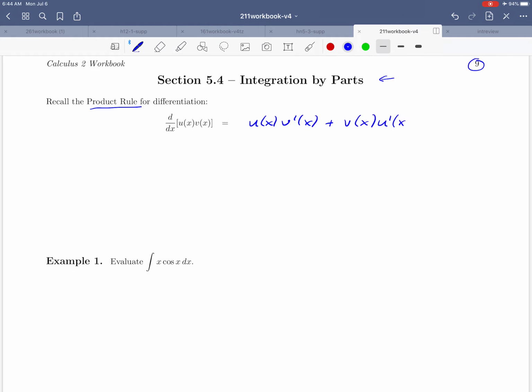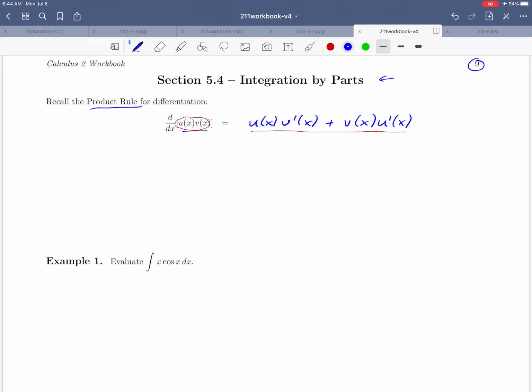Hopefully you can tell my u's from my v's here. So that's a true statement. And what we're going to do next is to observe that if that's a statement about derivatives, if we can take the derivative of u times v and get the function on the right, we should be able to turn the statement around and say that the antiderivative of the function on the right should be the function that we started with on the left.